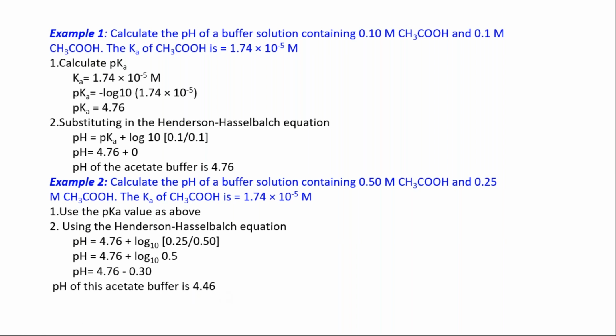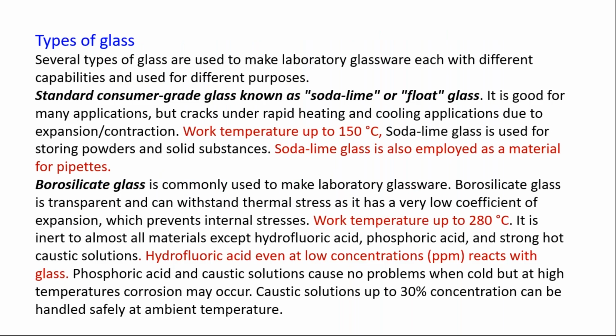What is important to see is that although the concentration of the acetic acid has changed from 0.1 molar to 0.5 molar, and the sodium acetate has changed as well, the pH has changed only from 4.76 to 4.36. So this is a very small change.